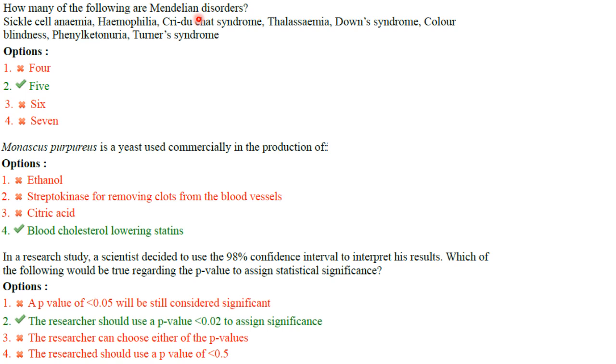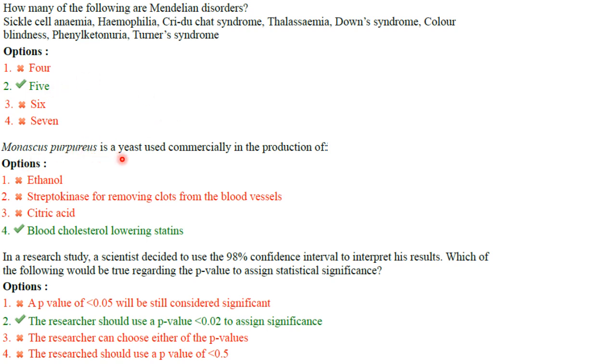Those are the examples. Now as per the question, sickle cell anemia, hemophilia, thalassemia, color blindness and phenylketonuria are Mendelian disorders. So there are totally 5 of them. So the answer here is option 2, that is 5.